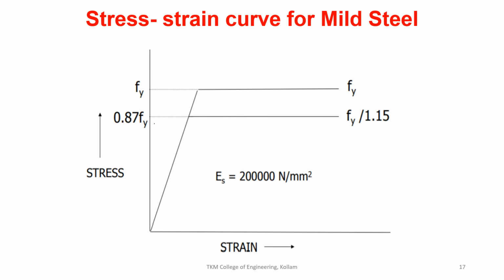Now we will have a small summary of what we have studied in the last 10 minutes. That is the stress strain curve for mild steel. I will plot the stress on the y-axis and strain on the x-axis. Up to the lower yield point, we will have a linear variation. After that, we will not consider the variation, the stress will be constant, and we will apply a factor of safety of 1.15, and we will get Fy divided by 1.15, that is 0.87 Fy.